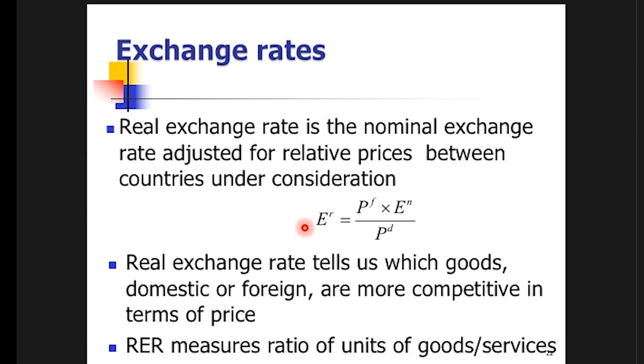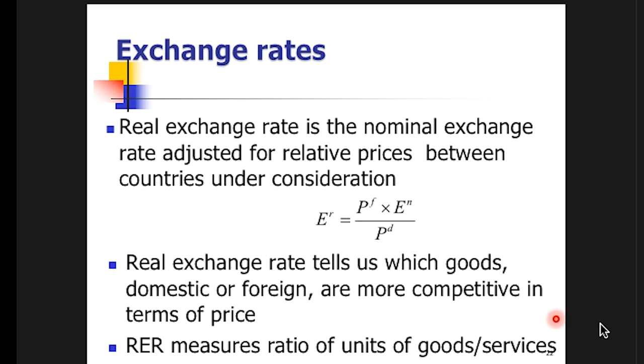And if the real exchange rate is 1 US car equals 1/2 Vietnamese car, the Vietnamese car is more expensive, and we will import cars from the US. So the real exchange rate measures the ratio of units of goods and services, and it shows us the competitiveness between countries.